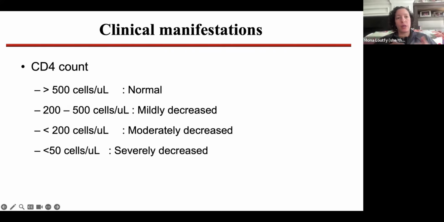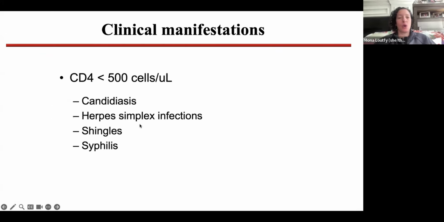And that's important for you to know when you come to clinic with me and we see people with different CD4 counts. If they have a low CD4 count and I'm freaking out, this is why. Opportunistic infections or diseases happen based on the CD4 count. These ones here are not what we would call AIDS-defining illnesses.